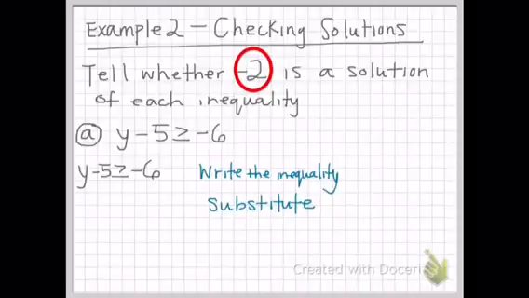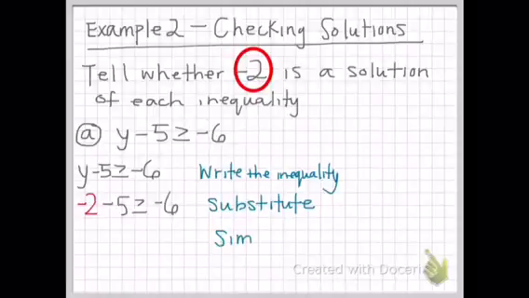I'm going to write it in a different color so that you can see -2. Okay, so this -2 is taking the place of that y. -2 minus 5, and then you just write everything the same. It's greater than or equal to -6. Okay, and this is just a simple 3 steps that you need to abide by, and you will find your answer. Our next step is to simplify.